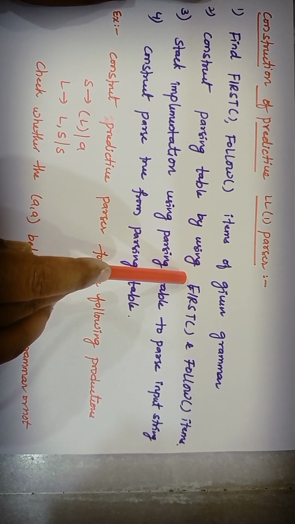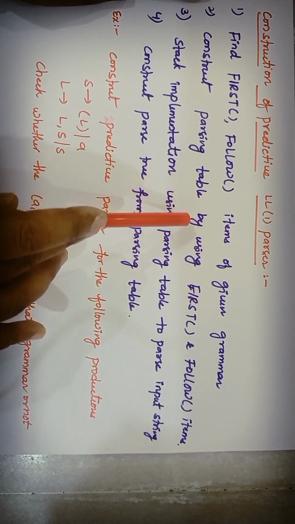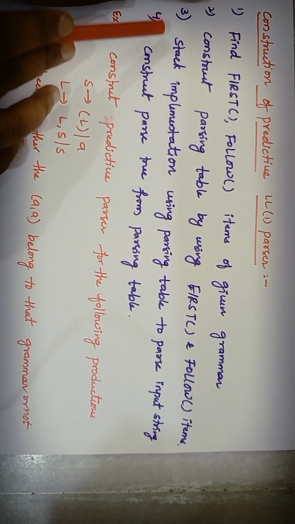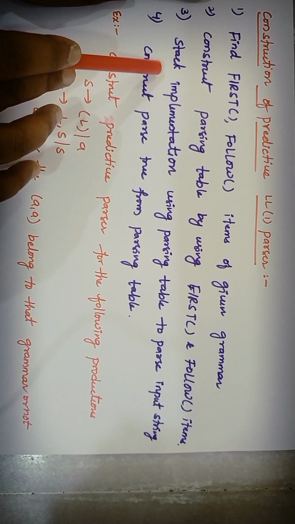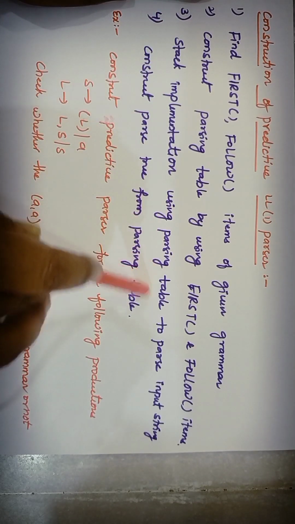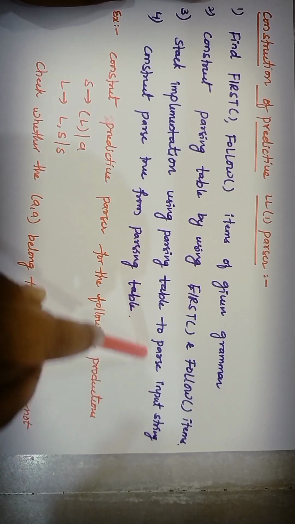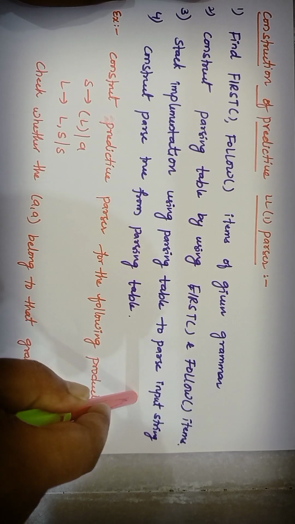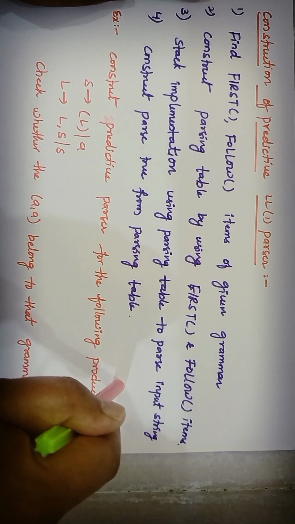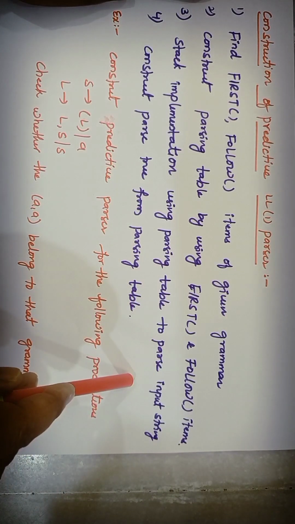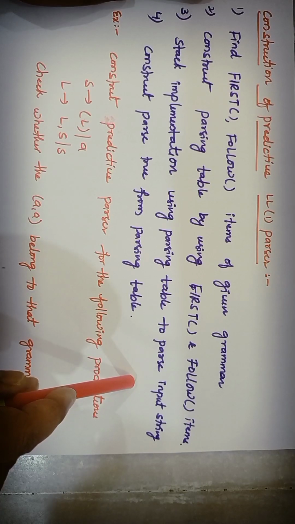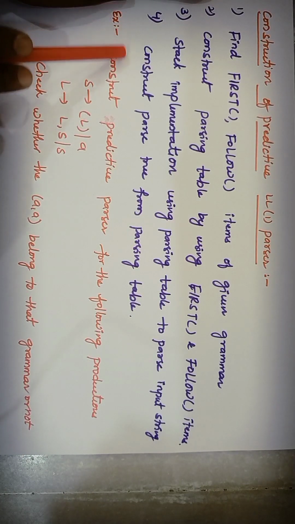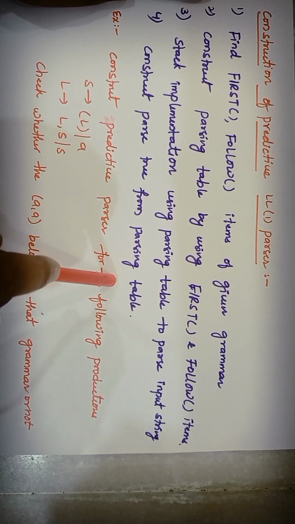After the parsing table is created, we go for the third step, that is stack implementation using the parsing table to parse the input string. Here we have given some input string, and for that input string we are going to parse. Parsing means whatever actions are going to be done in the parser. The last step is to construct the parse tree from the parsing table.